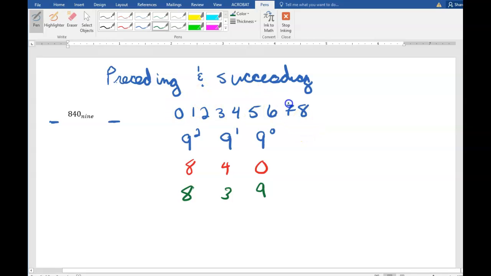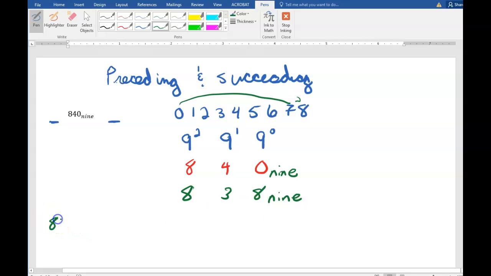Because if we go one less, it becomes an 8. So instead of a 9 here, I actually get an 8. So one less than 840 base 9 is going to be 838 base 9.